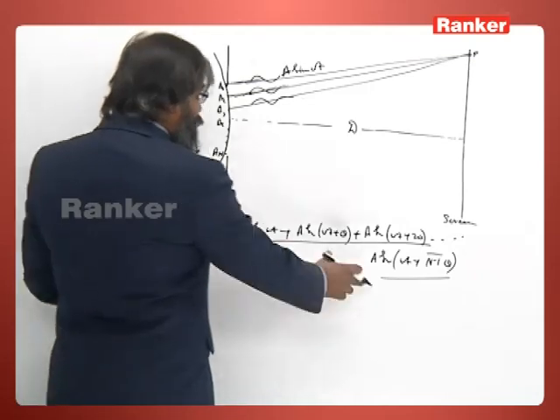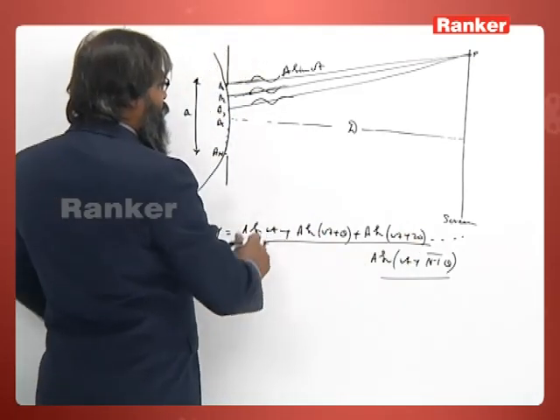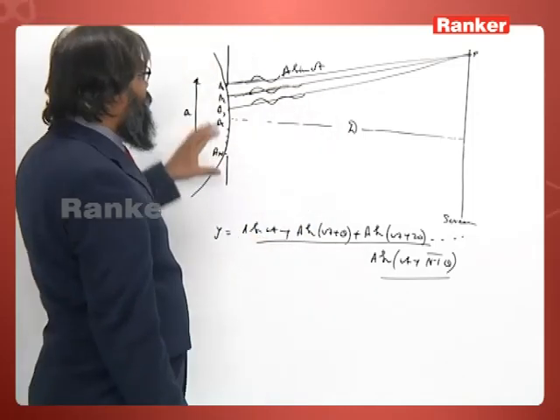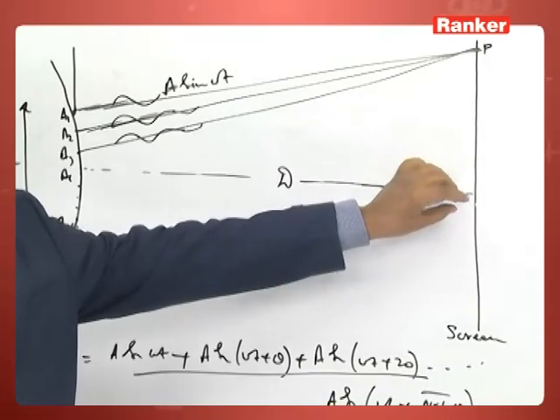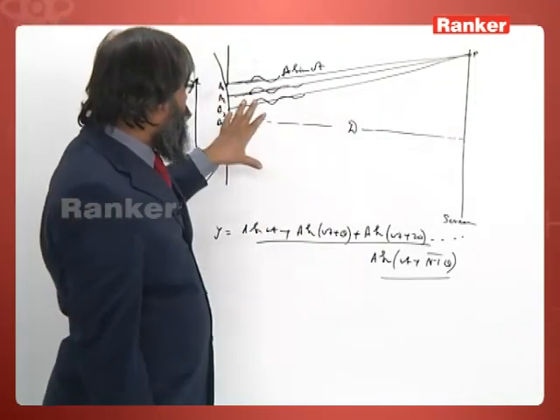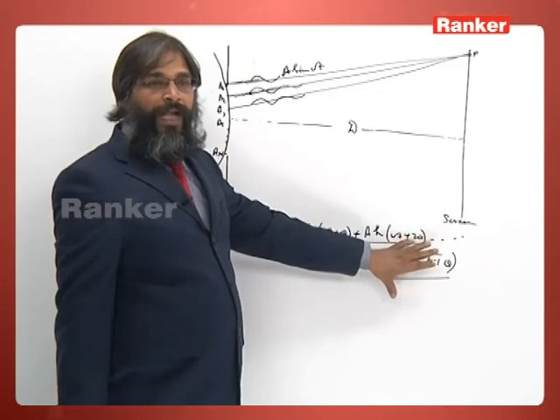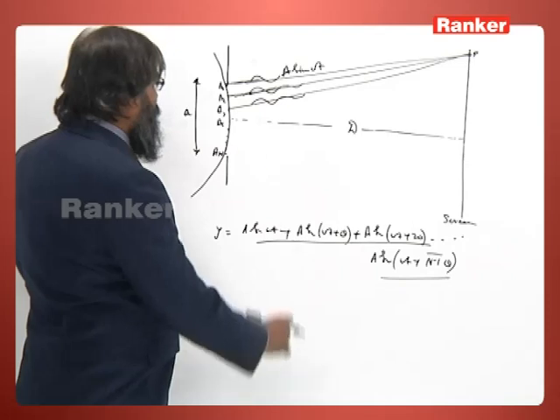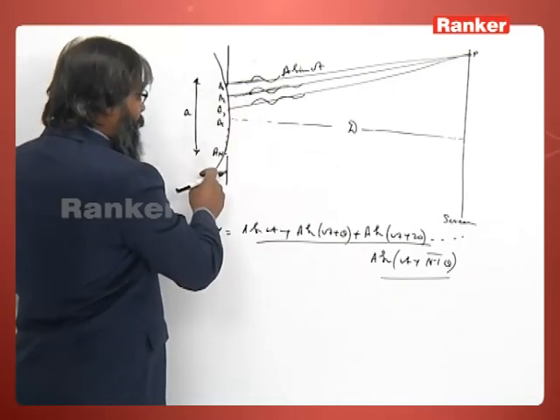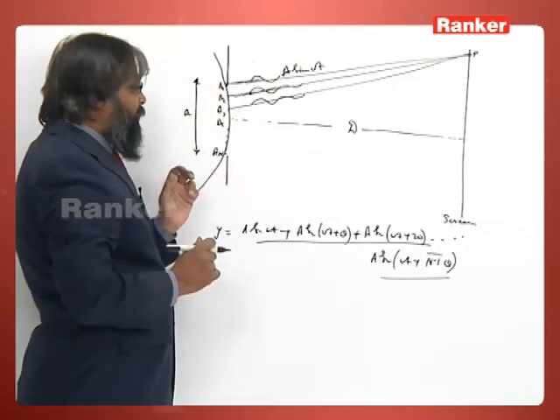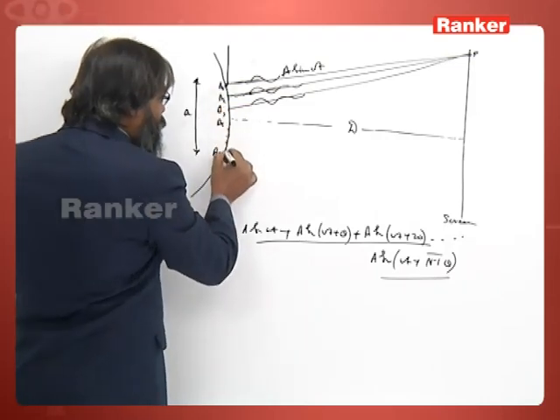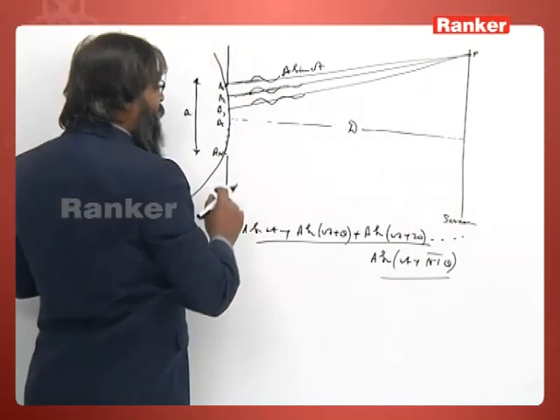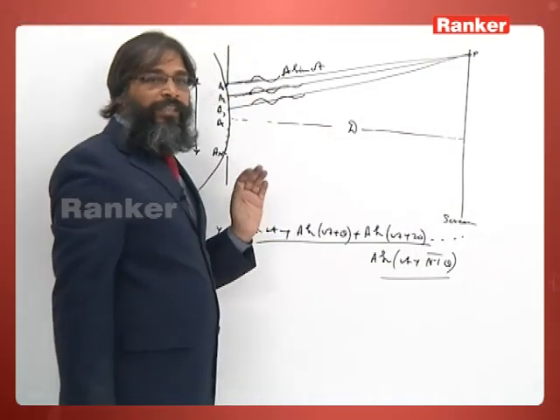Now, this is a large mathematical formula and we are not going to do it. We are not going to prove it in a mathematical way. We will just justify some locations of maxima and minima. But actually, if we were to carry on, we would have to do it in this mathematical way. The important point is that when the plane wavefront is incident on the slit, there are many points which act as secondary sources, and on the screen the contributions from all these points have to be taken.